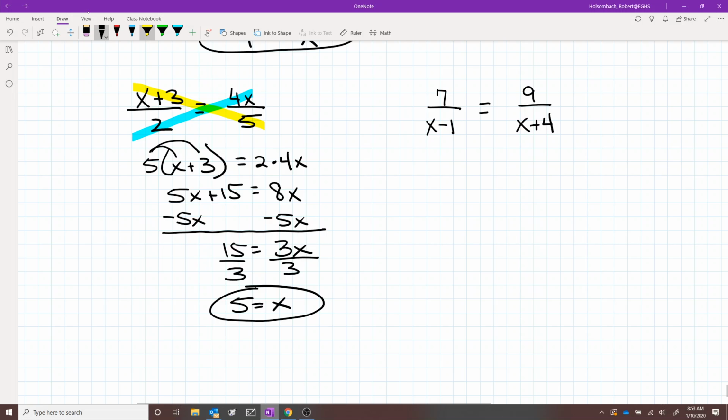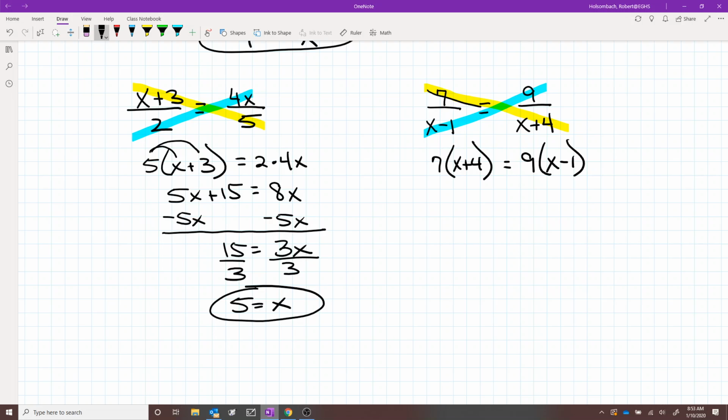And again, you're going to crisscross multiply. Your 7 times your x plus 4, and then your 9 times your x minus 1. So we got 7 times x plus 4, and it's equal to 9 times x minus 1.